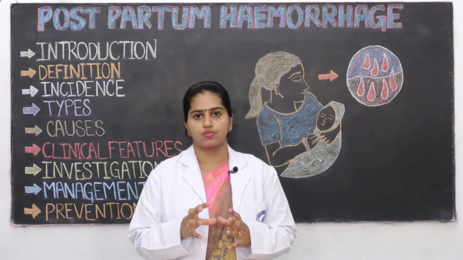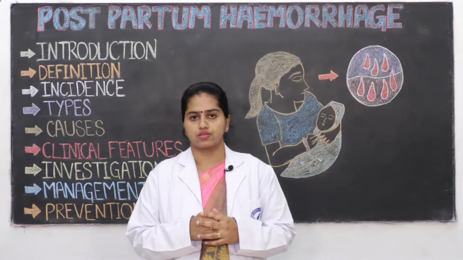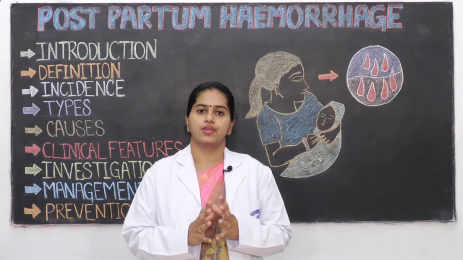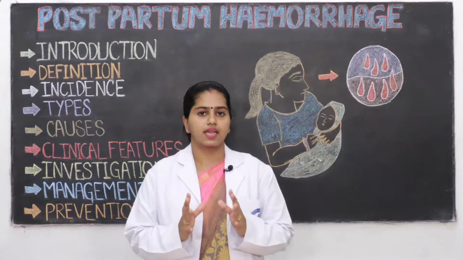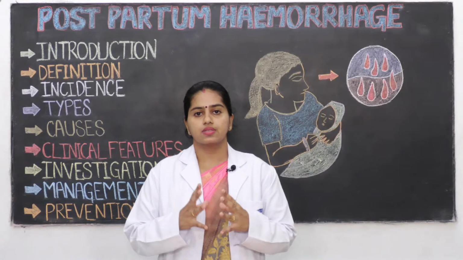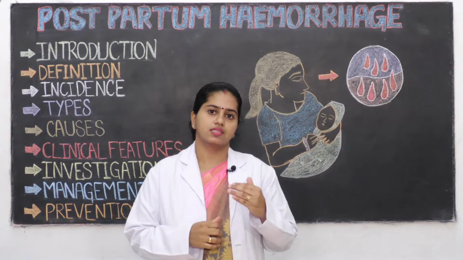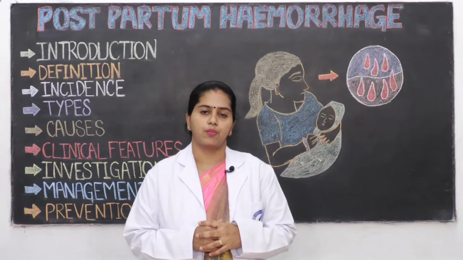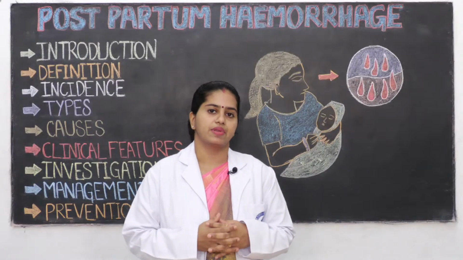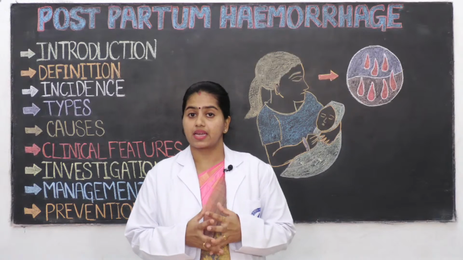No space should be present. Again we fill the vaginal region also. So the uterus and the vagina are packed with gauze, and this can be left for 24 hours. This gives compression to the uterus and minimizes the blood loss.